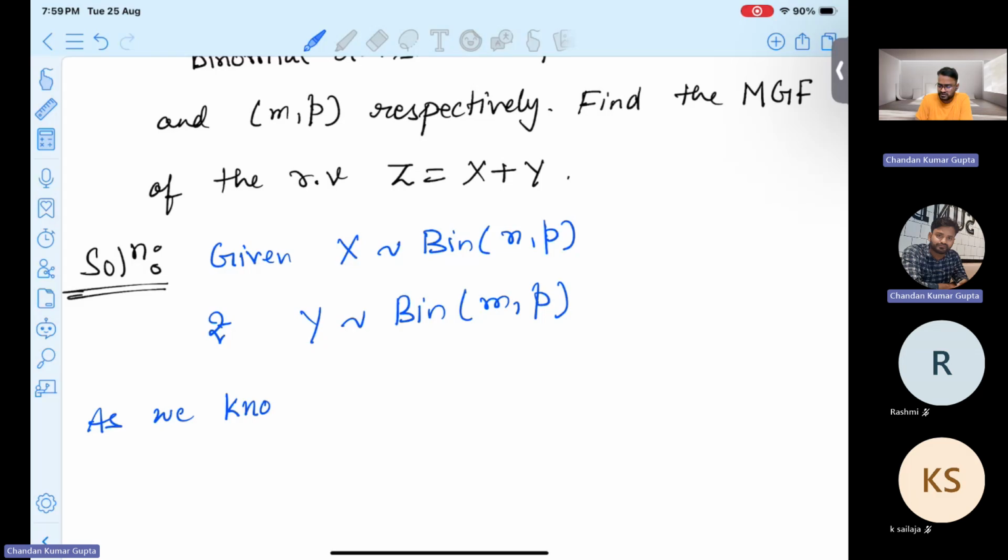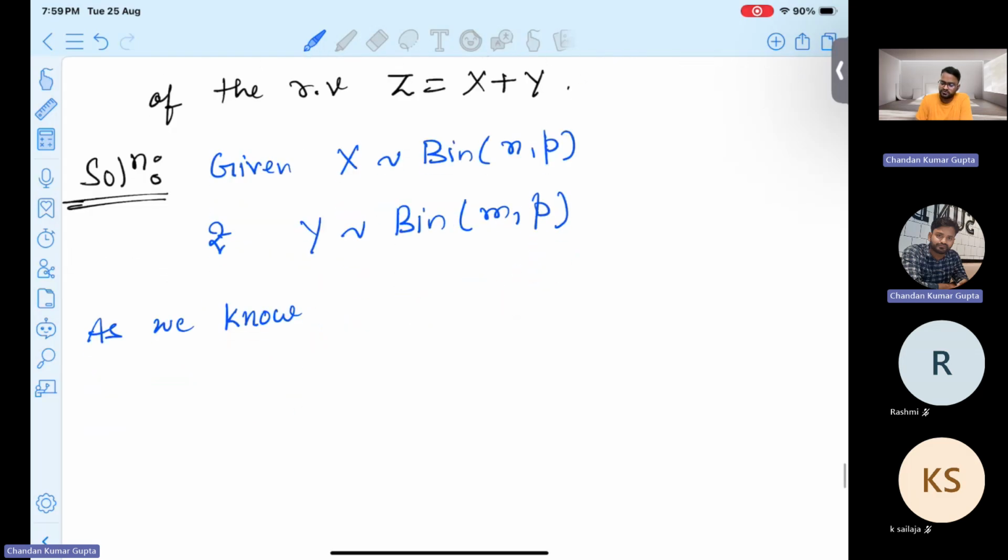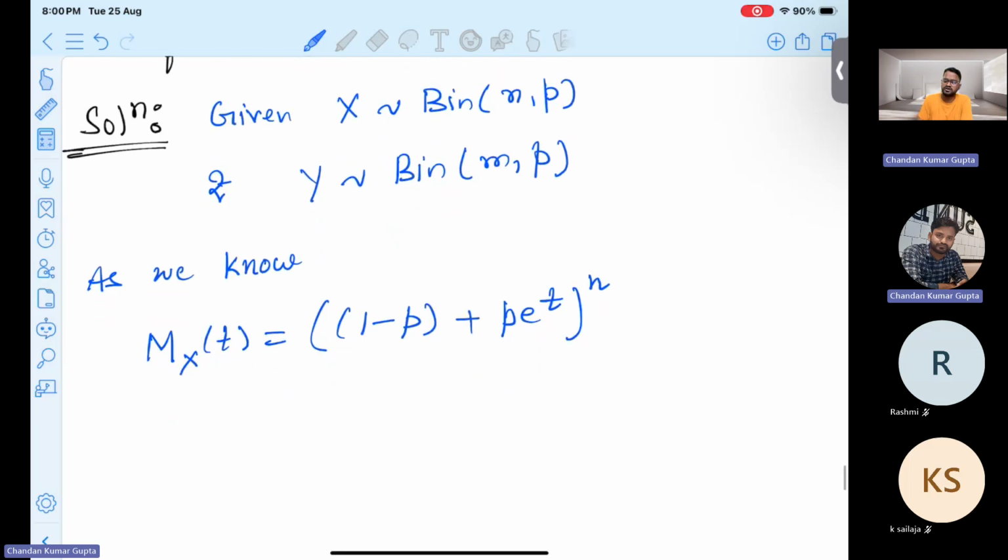If X follows this, Y follows that, then the MGF of X is (1 minus p plus p e to the power t) whole to the power n. This is the MGF when X follows a binomial variate with n and p.